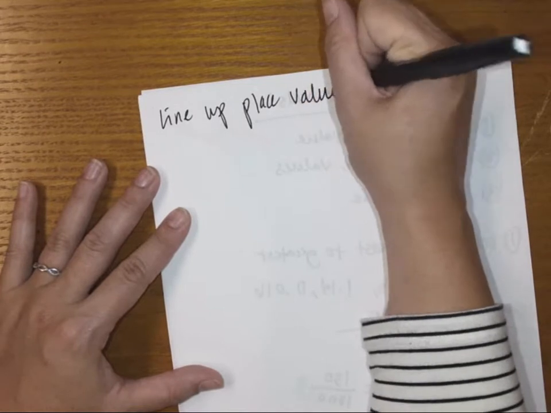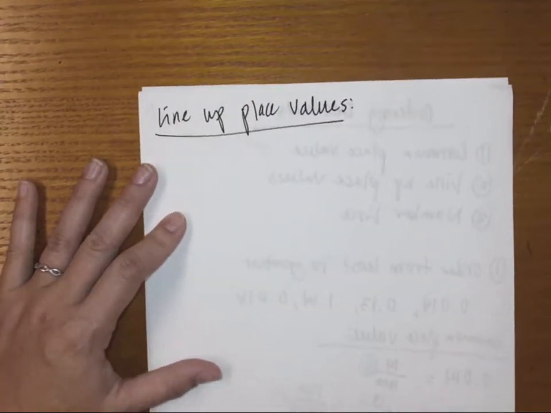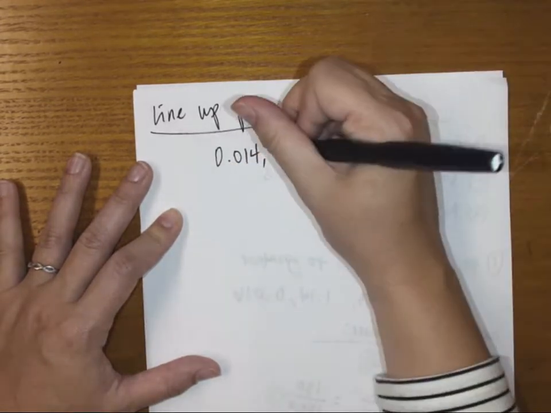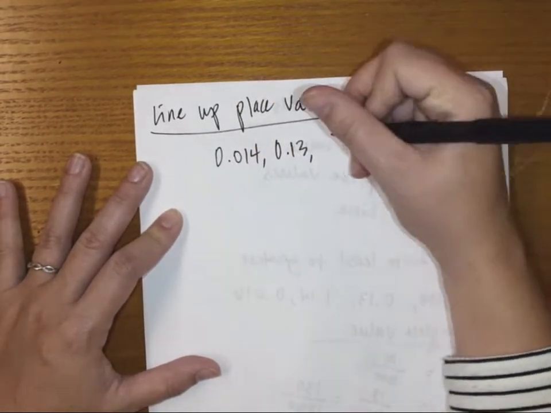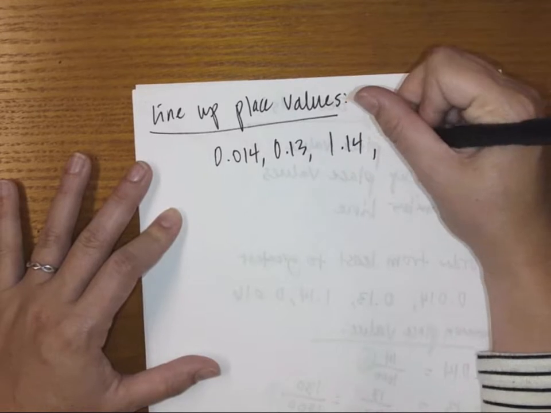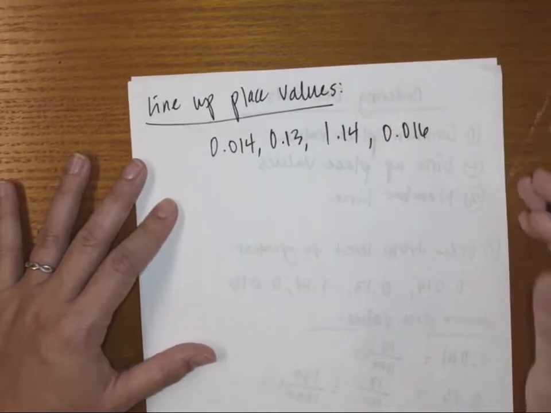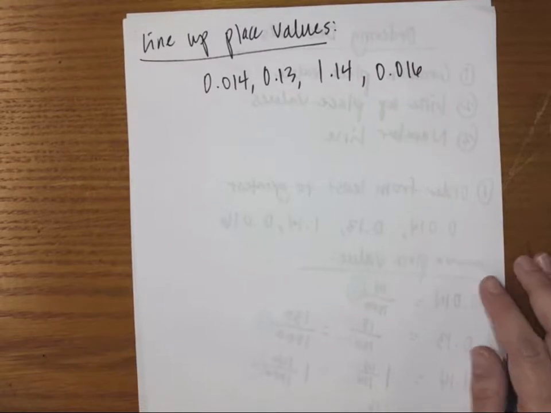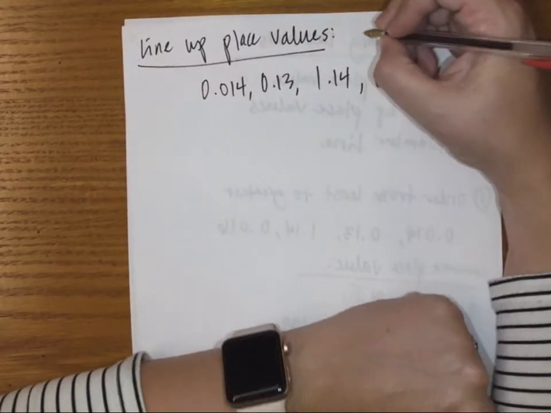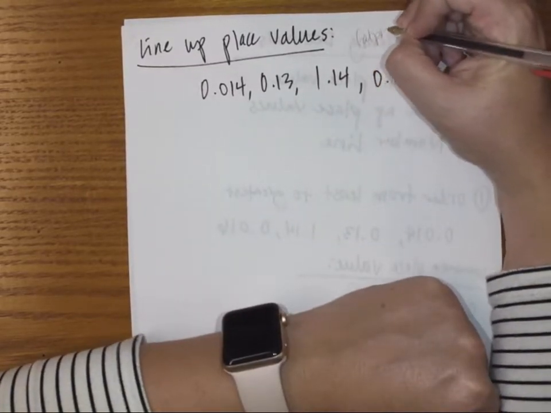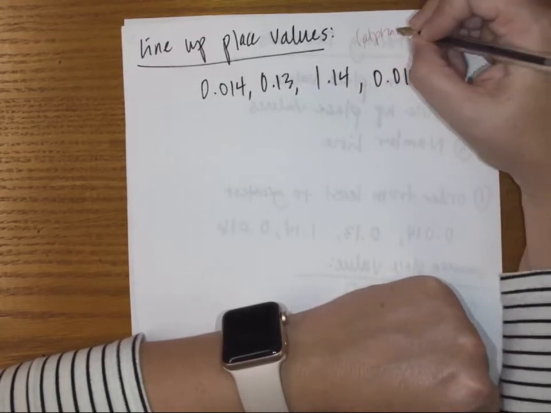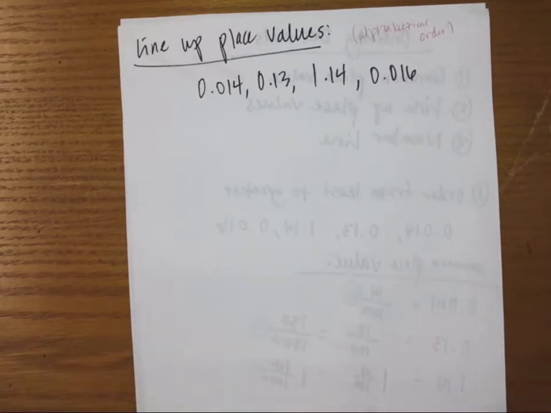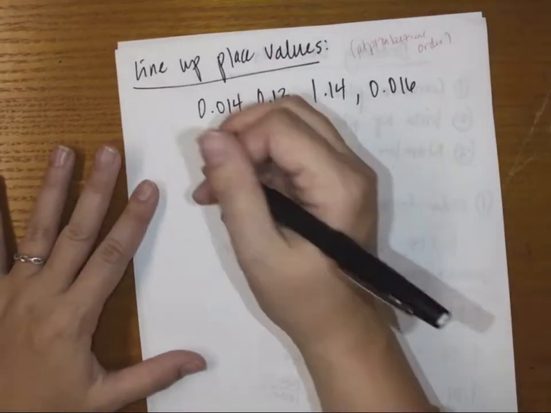It's the same problem, so let me rewrite my numbers here. 14 thousandths, 13 hundredths, 1 and 14 hundredths, and 16 thousandths. Lining up the place values reminds me of putting things in alphabetical order, because it's the same idea. Basically I'm just going to line them all up vertically.